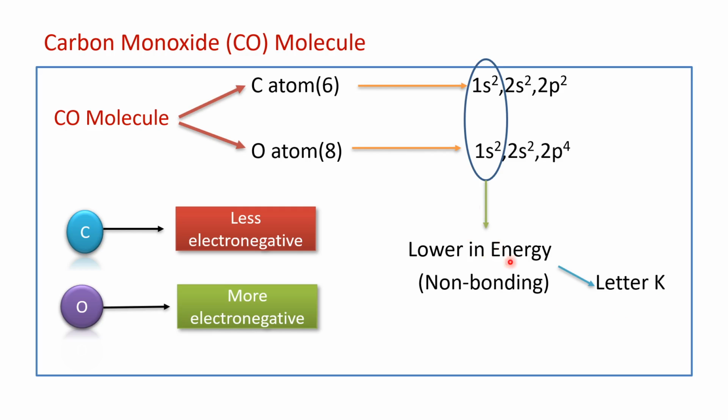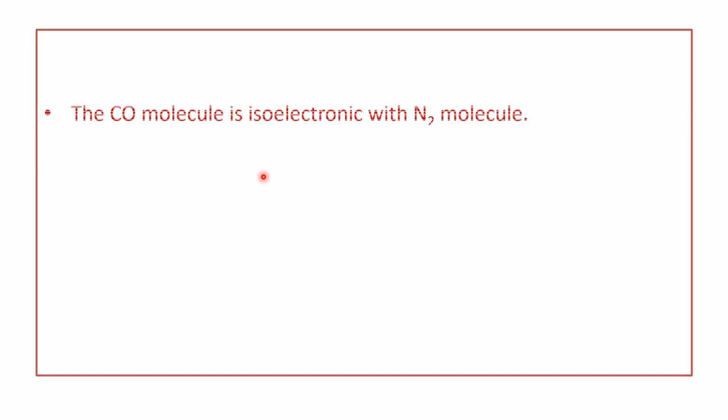Because these 1s electrons are present in the first shell, and the first shell is known as the K shell. As there are two such atomic orbitals, we have to repeat the letter K while writing the MO electron configuration. Then for bonding, we have the 2s and 2p of carbon and the 2s and 2p of oxygen. So let's see further.